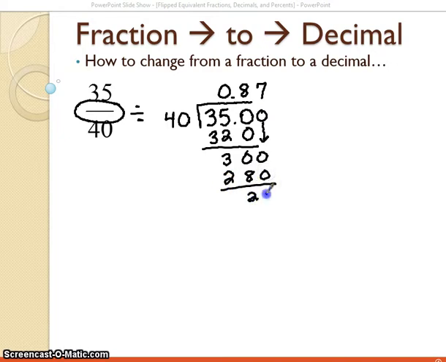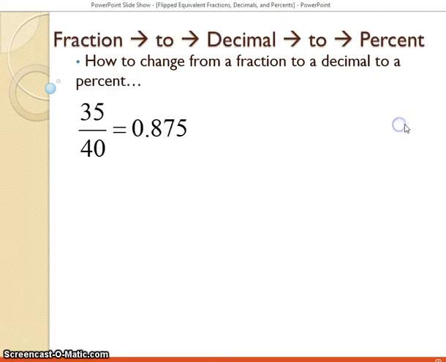There's 20 left over. Add another 0, bring it down. 40 goes into 200 5 times. 5 times 40 is 200. So we have nothing left over and nothing more to bring down. So 35 out of 40 is the same as 0.875.